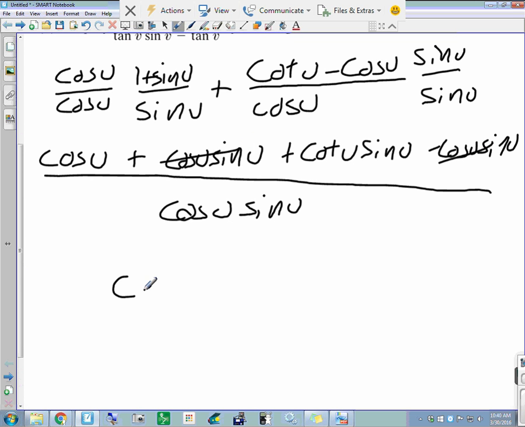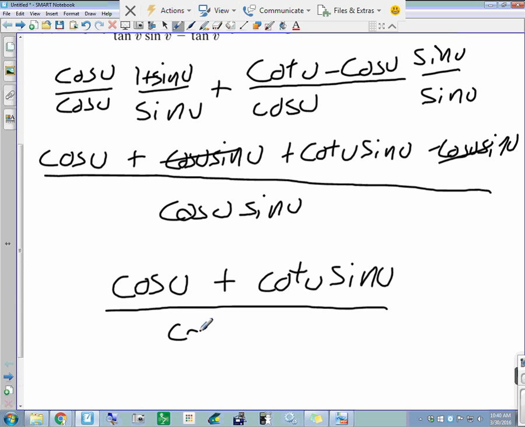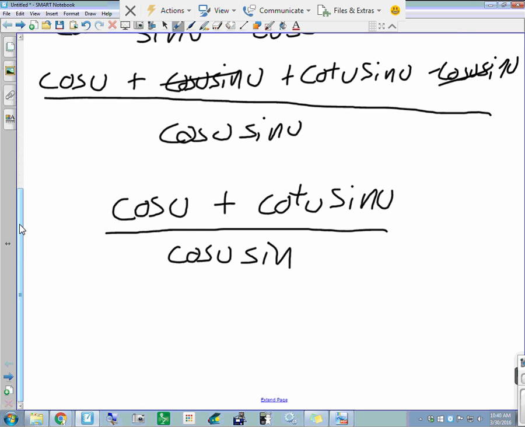So now I'm left with cosine of u plus cotangent u sine u over cosine u sine u. By the way, what was cotangent equal to?